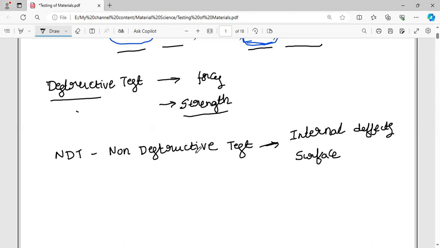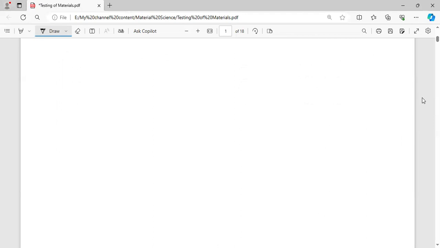So now, first let us discuss the destructive tests. In the destructive tests, the most important is the tensile test. This test can be conducted by the UTM. The equipment name is UTM.